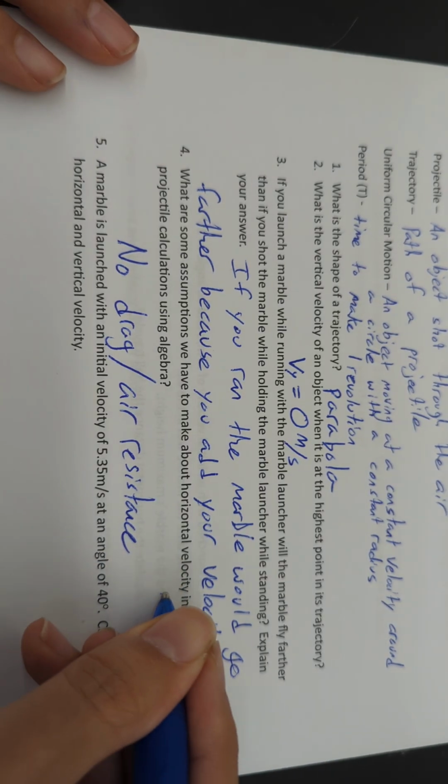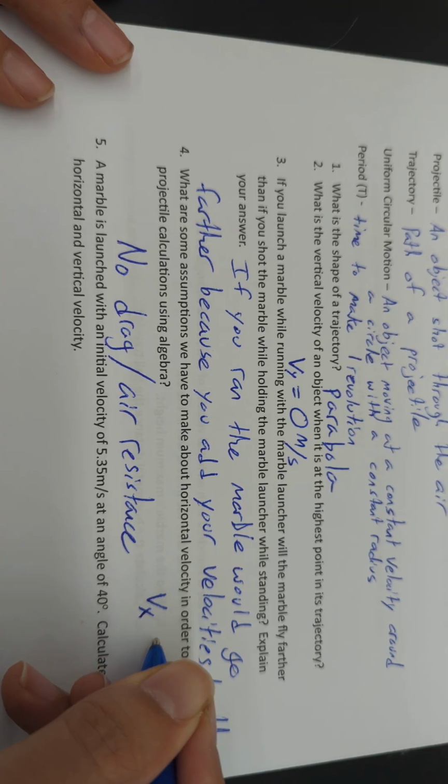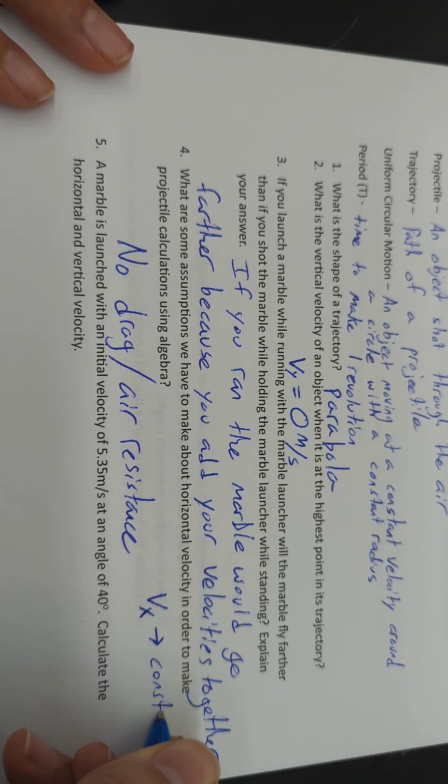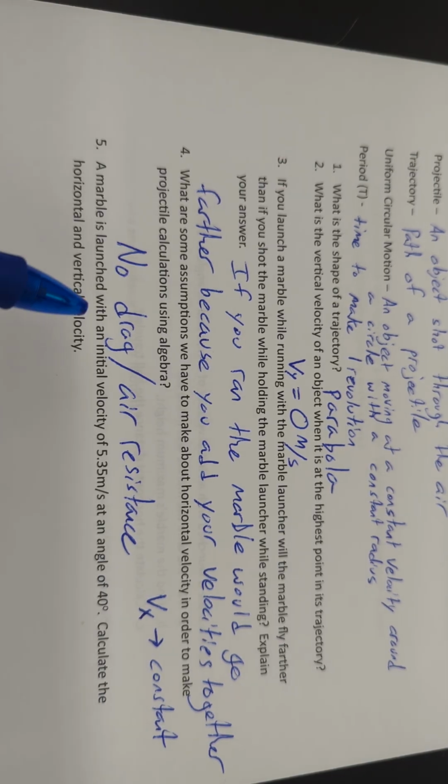Another way of saying that is your horizontal velocity stays constant. It is not slowing down as it's going through the air, which is not always accurate, but for the problems we've been doing, it's actually pretty accurate because the shapes are pretty aerodynamic and we've been going over pretty short distances, not long distances.